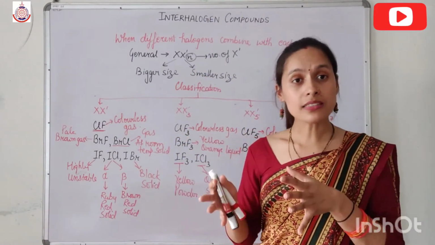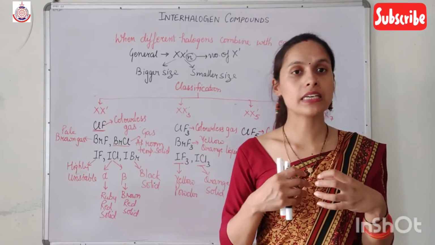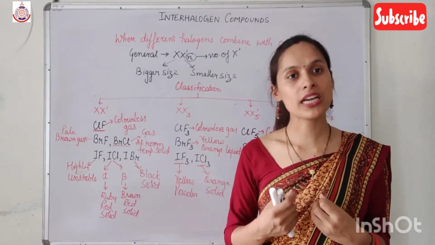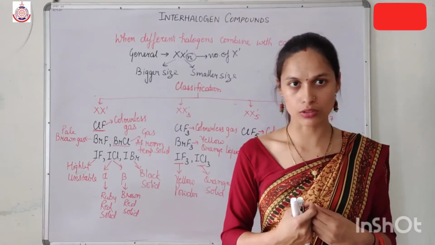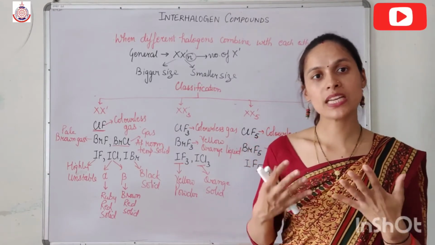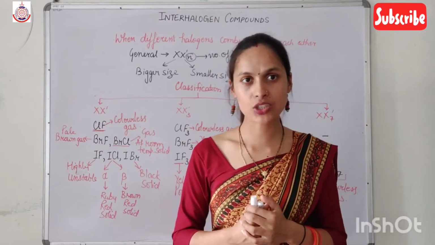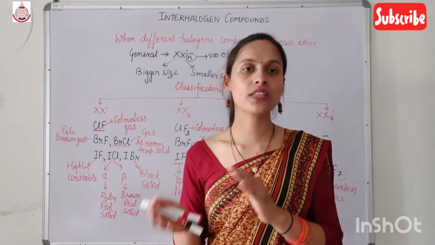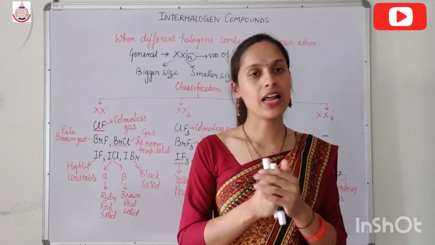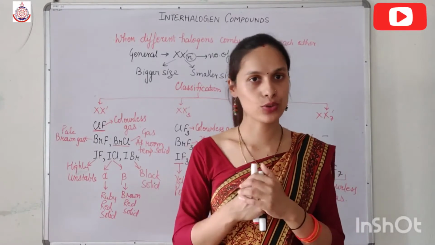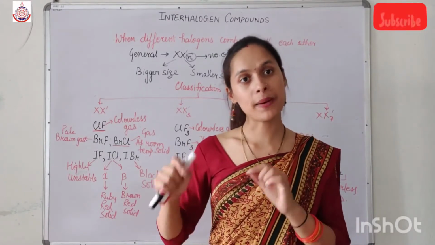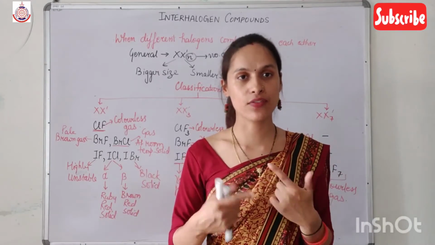And when different reactions take place, the product also depends upon the conditions. So we can prepare interhalogen compounds either by direct combination or by the action of a higher electronegative halogen on the lower interhalogen compounds, but depending upon the conditions, we get different products.